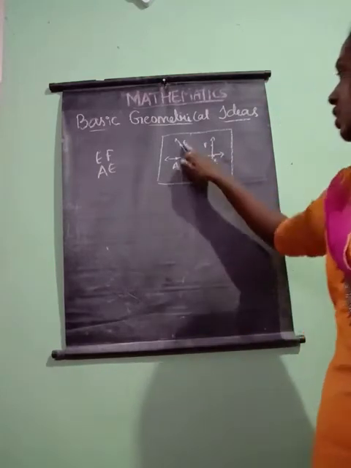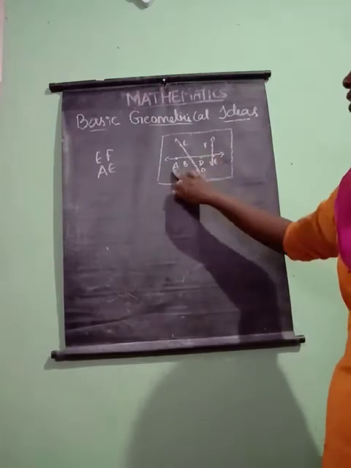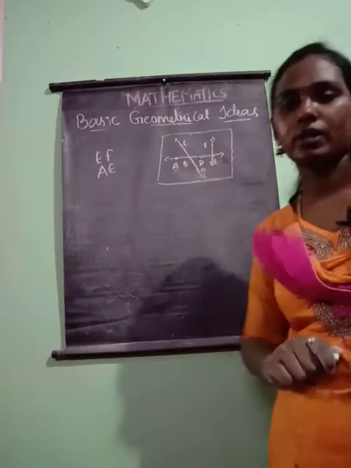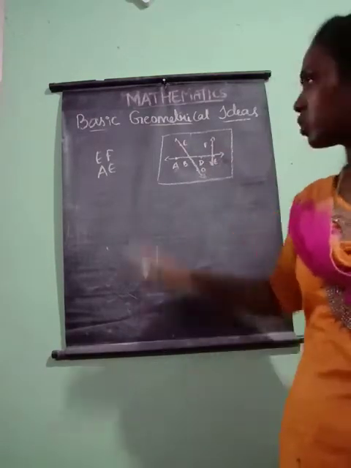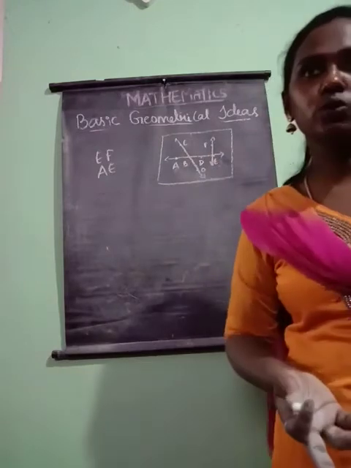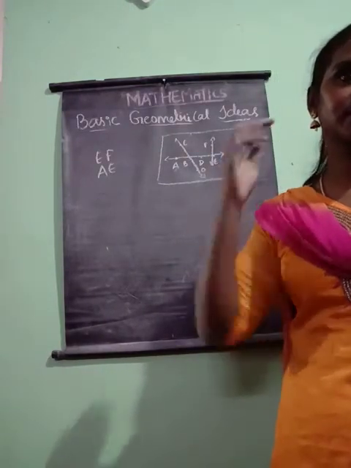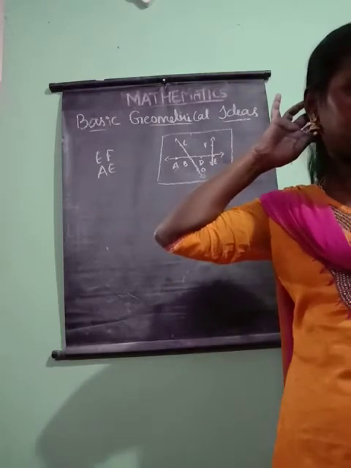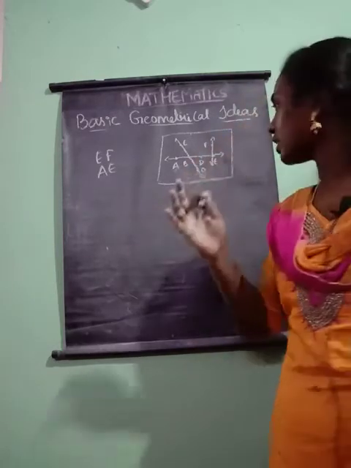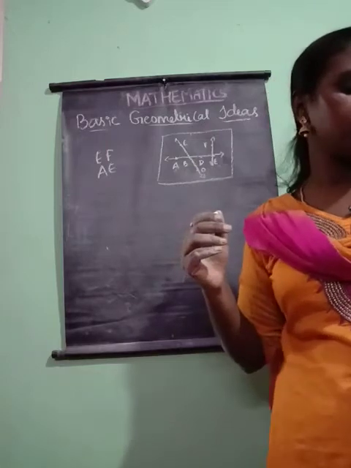Intersecting, you know, no? CO or AE or FE. Okay. So there are 2 lines drawn, so 2 lines also you can mention.